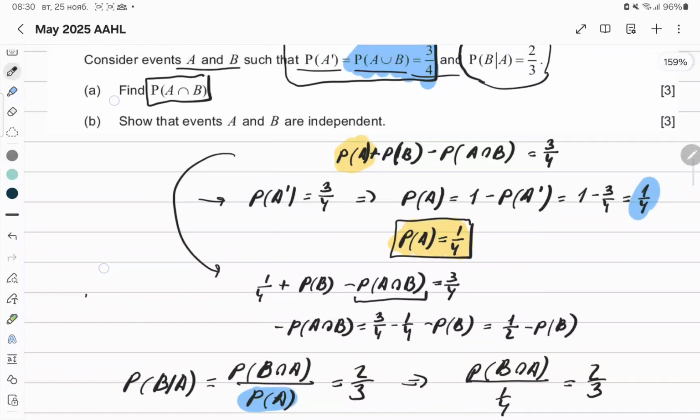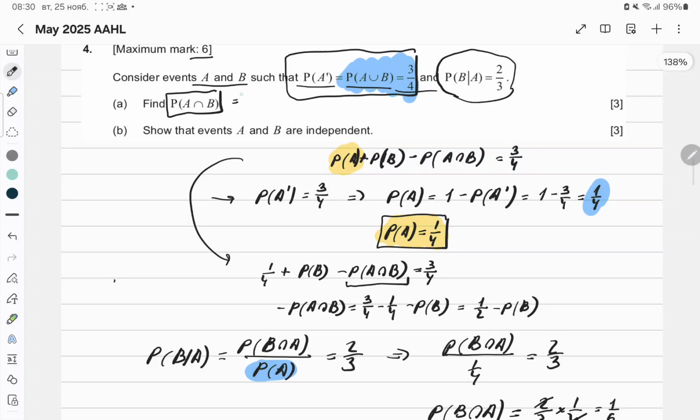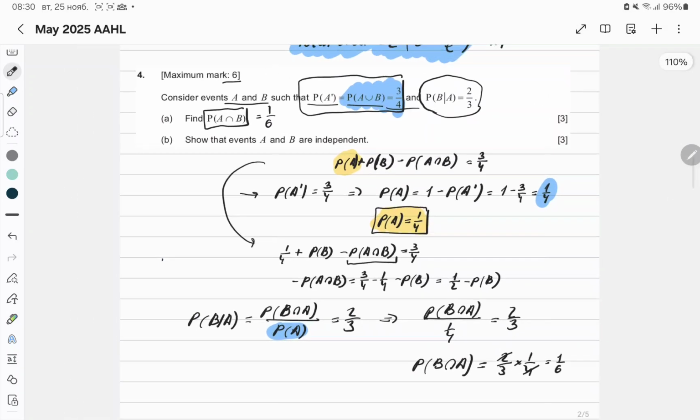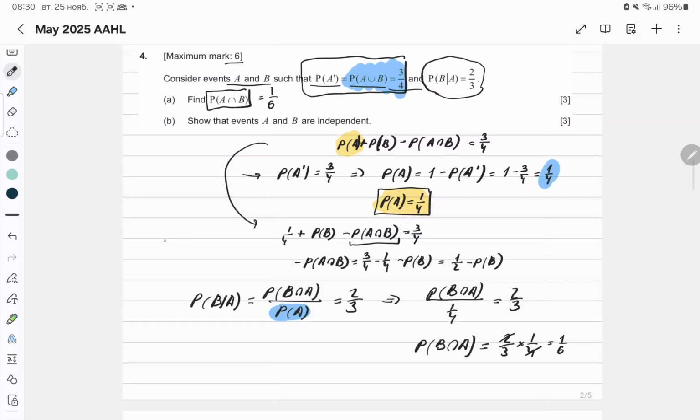So the answer of part A is 1/6. This is the final answer, and to get the 3 marks, you have to show all these steps. That's how we got part A.